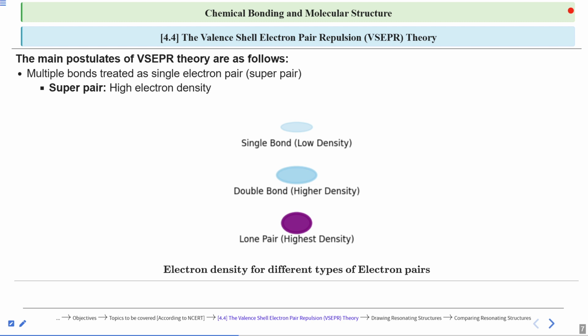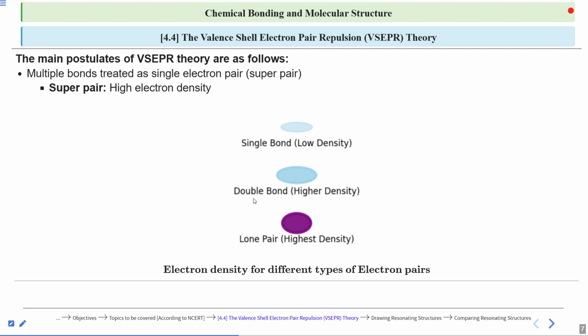So in a single bond there are two electrons, and those two electrons are shared between two atoms. As a result, the electrons of a single bond are stretched, okay, and due to this large area coverage they have a low density of charge.